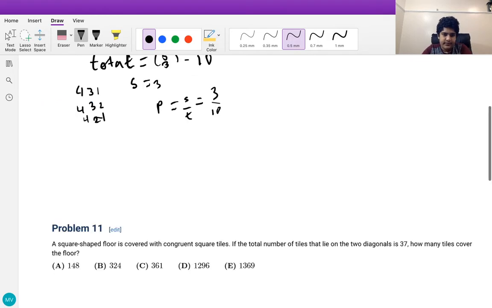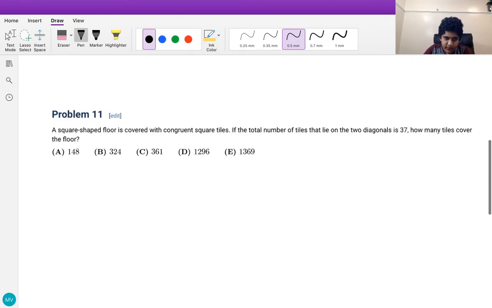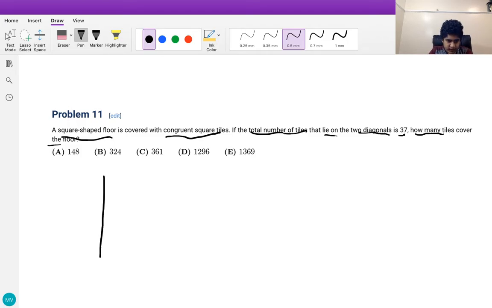Problem 11. A square-shaped floor is covered with congruent square tiles. If the total number of tiles that lie on the 2 diagonals is 37, how many tiles cover the floor? Let's first draw a diagram. So here is the large floor.